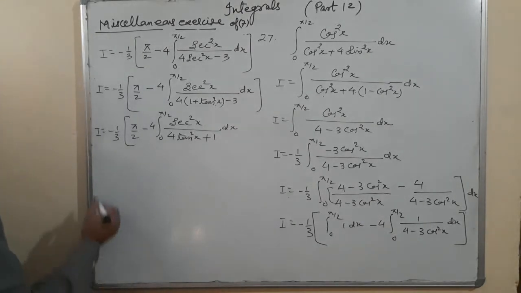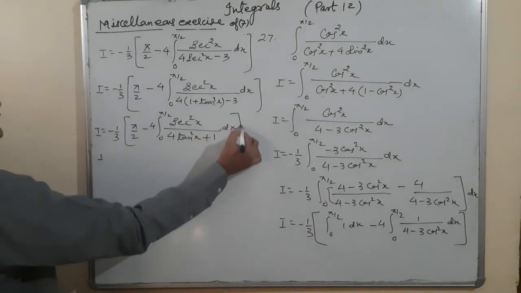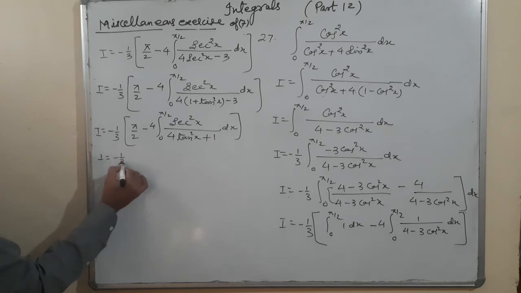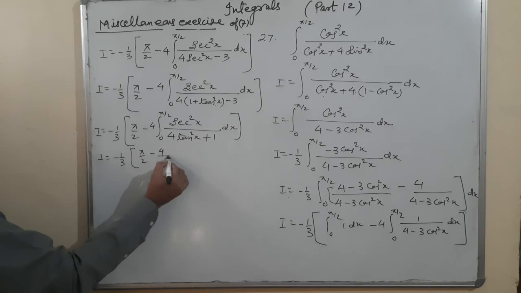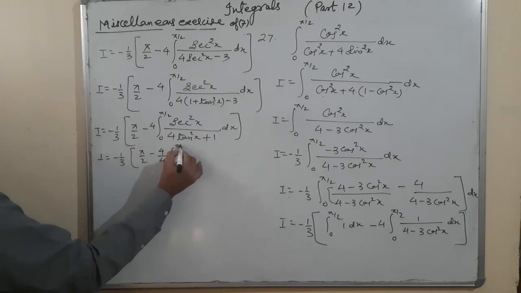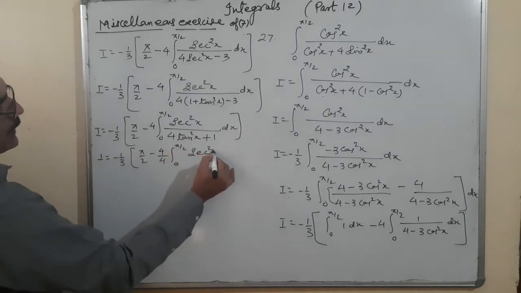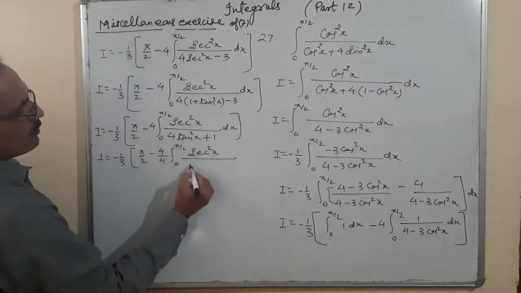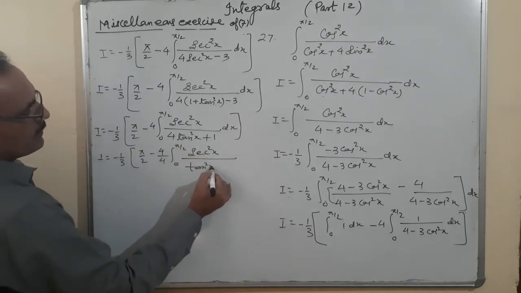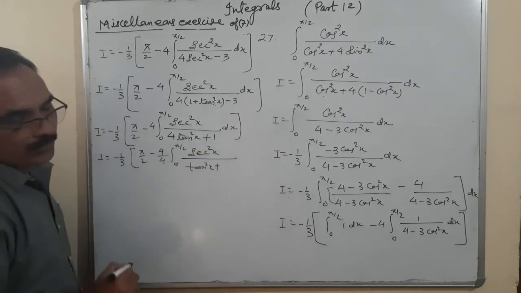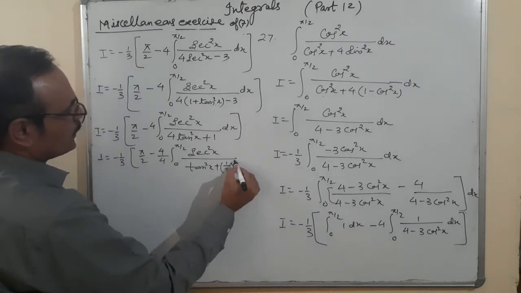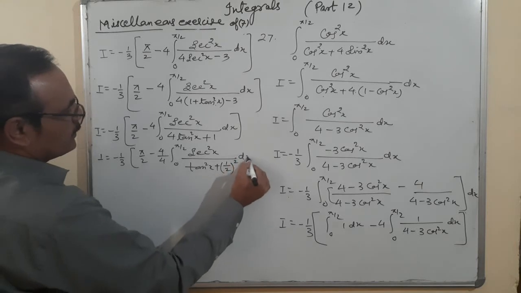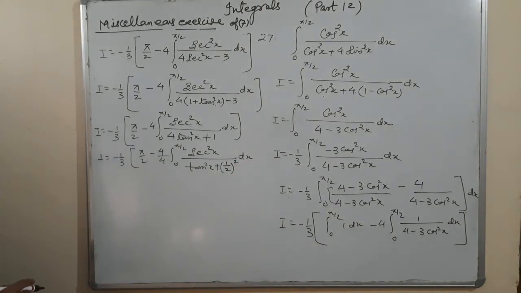I is equal to minus 1 by 3 pi by 2 minus 4. I'll take 4 common: integral from 0 to pi by 2 of sec square x upon 4 common (tan square x plus 1 upon 4), and 1 upon 4 I can write as (1 upon 2) whole square, dx.